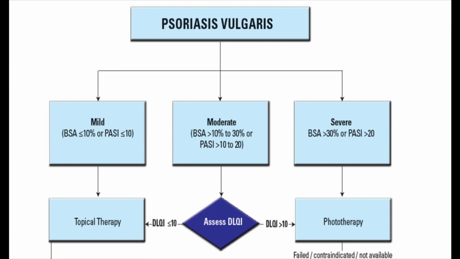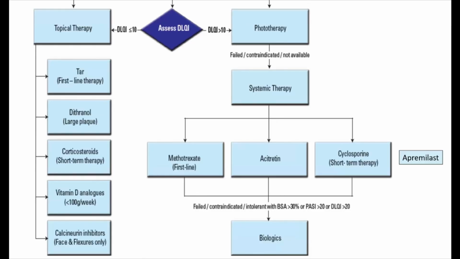However, if phototherapy has failed, is contraindicated, or not available, then you would need to think of other options, including systemic therapies such as methotrexate, which is first line, acitretin, or short-term cyclosporine, as well as a newer option known as apremilast.